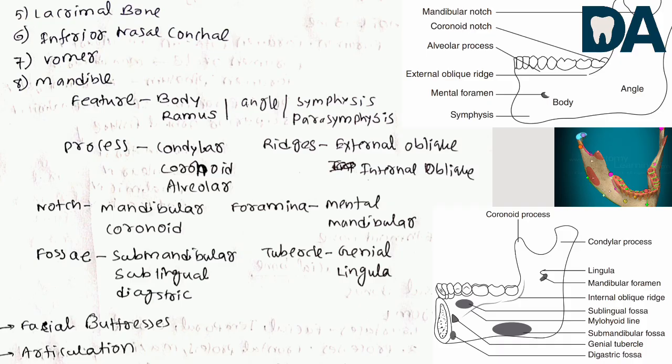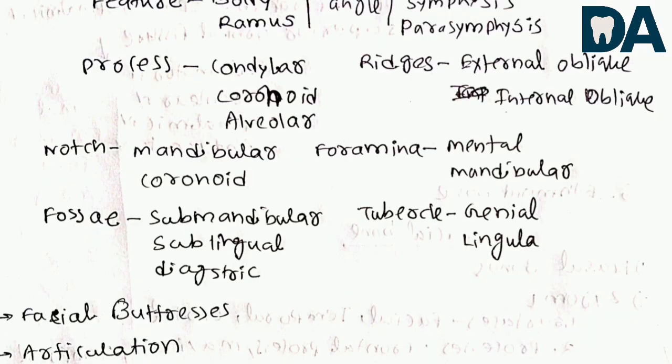Now go to the facial buttresses. The facial skeleton consists of regions called buttresses, which are localized areas of thick bone. They deserve special mention because they provide stability and strength to adjacent relatively weak bones and protect the surrounding soft tissue.